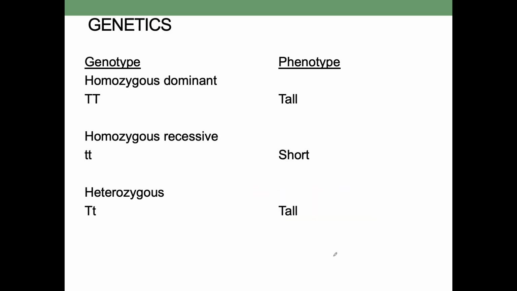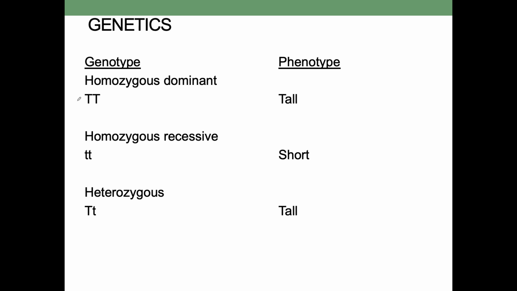Okay, so we have the genotype, that's the underlying genetics, the underlying genes or alleles that you inherit from the maternal and paternal side. And we have the phenotype, the physical expression of the genes that we have. Here's our example with the tall and short varieties of the pea plant. In this case, we have three different genotypes because there are two alleles, two variations, tall and short.